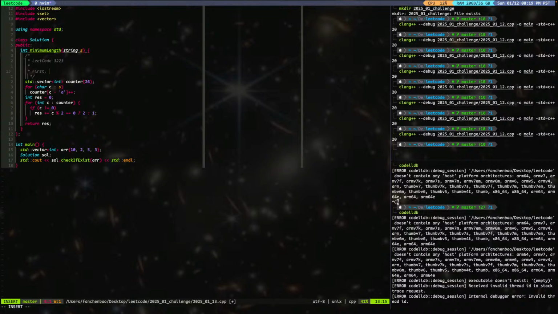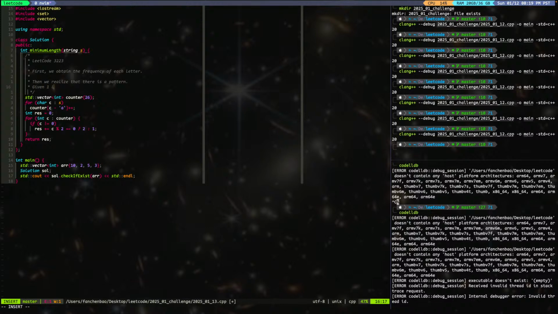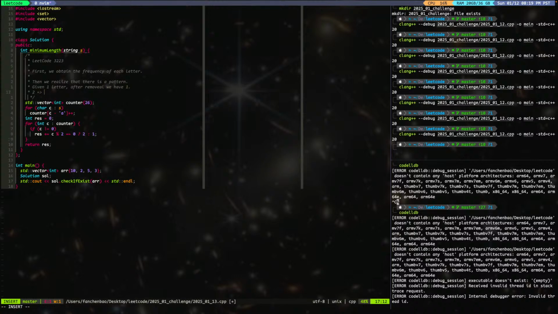First, we obtain the count, the frequency, of each letter. Then we realize that there is a pattern. Given one letter, after removal, we have 1. For 2, we have 2.